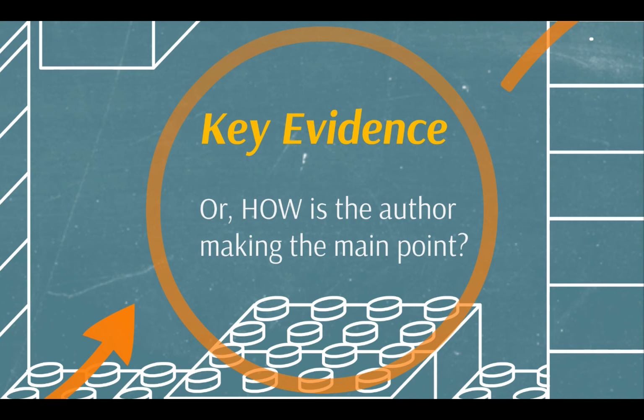She does a deep dive into her own writing process by giving us a bit of narrative that centers around her writing a particular genre. So all of these things would be key evidence that supports the main point Lamott is making about the use of multiple drafts, especially a shitty first draft.